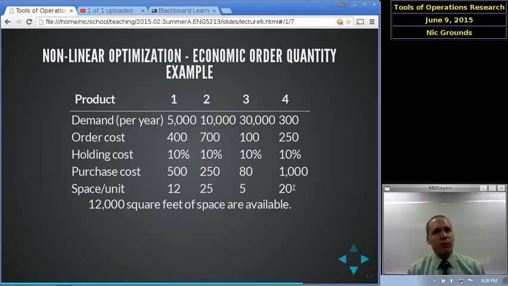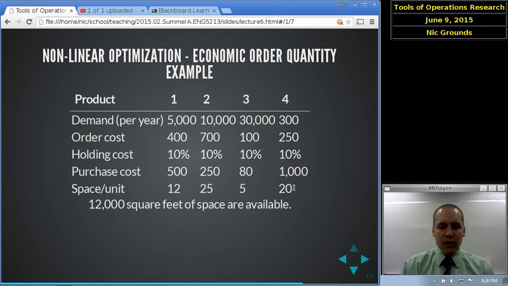If I were just going to minimize costs, I would say order everything one time. It's one fixed order cost. But I don't have enough room to store all that. So I have to find that balance between ordering just enough that I use all my space, but minimize the number of orders I make in order to minimize those costs.